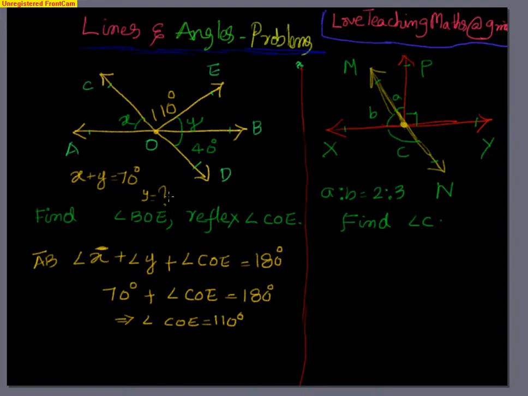Now tell me what else I can do. Can I take the straight line CD? We have already used the straight line AB. Let's see what happens if I use the straight line CD.